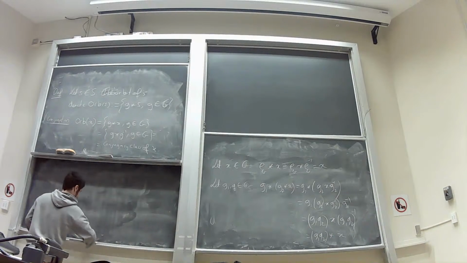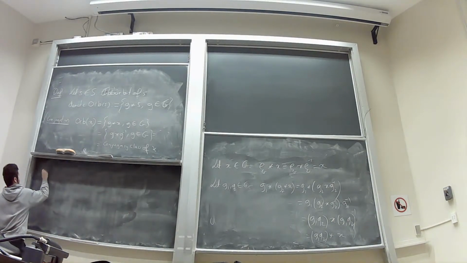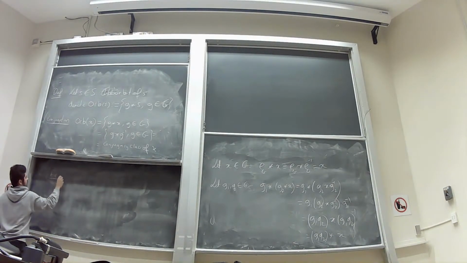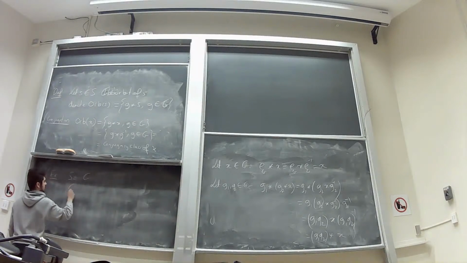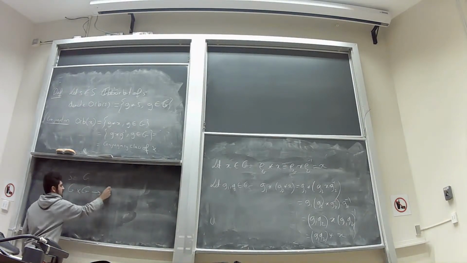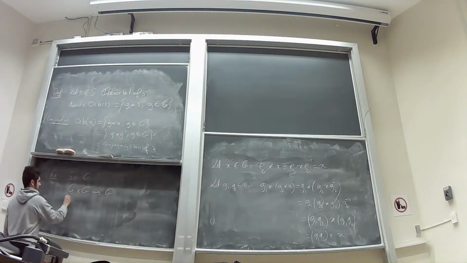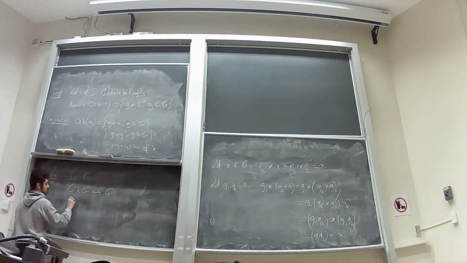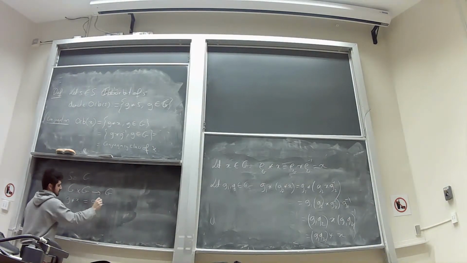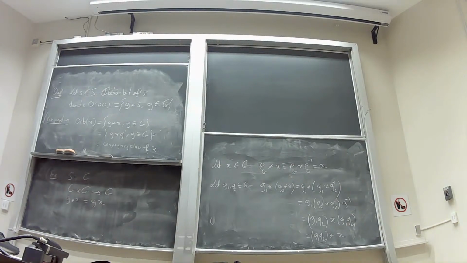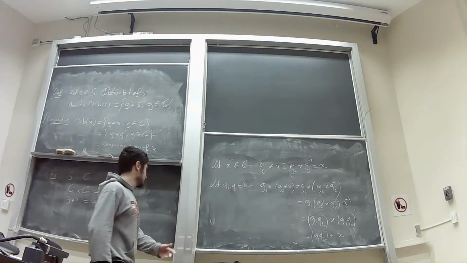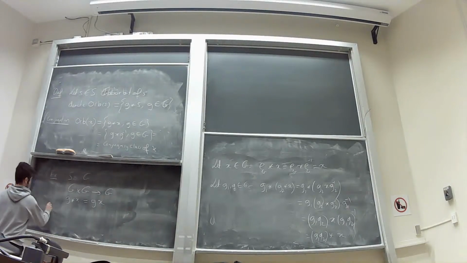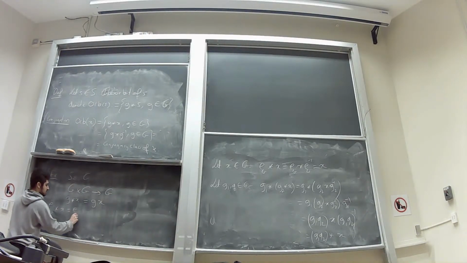Another example. So let S be G, and an action from G cross G to G that takes G, X, where G star X is just equal to GX. So really, my star is just the group law. This is a group action. What is E star X? This is just EX.